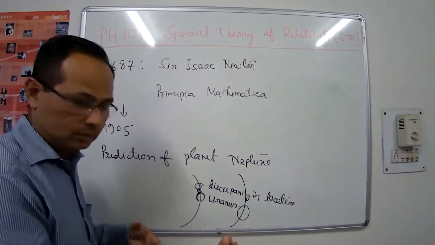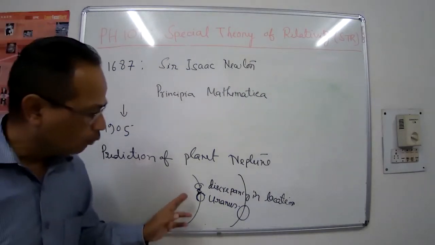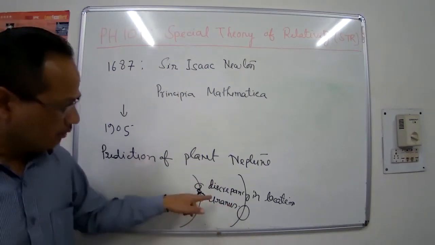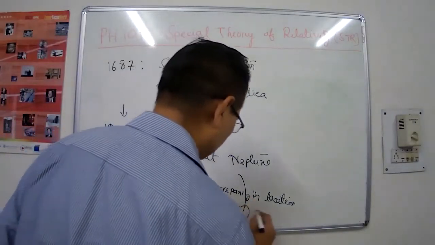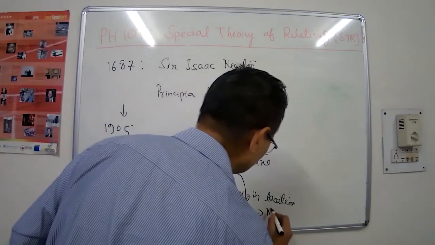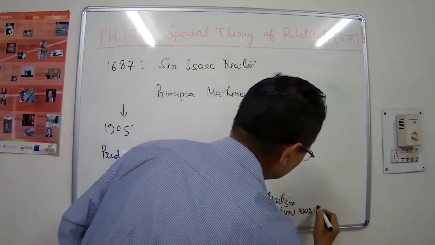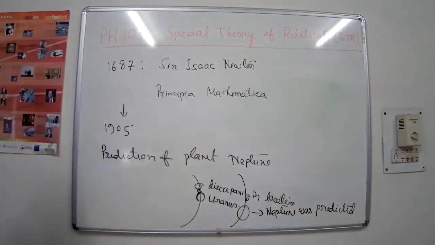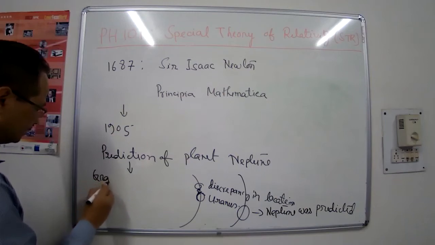If one includes the presence of the other planet in the Newtonian calculation, this discrepancy is removed. As a result, Neptune was predicted, and this was considered a grand success of Newtonian mechanics.